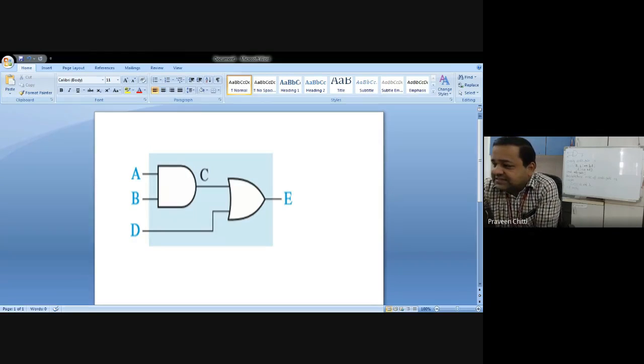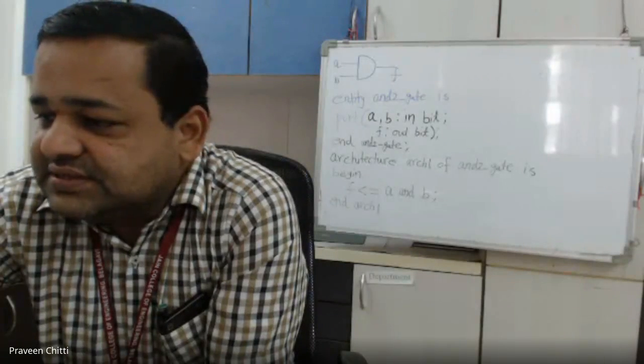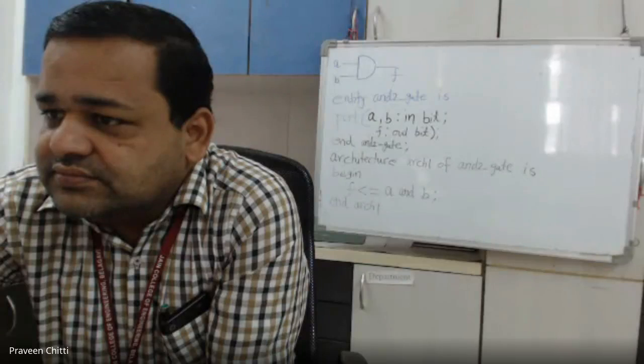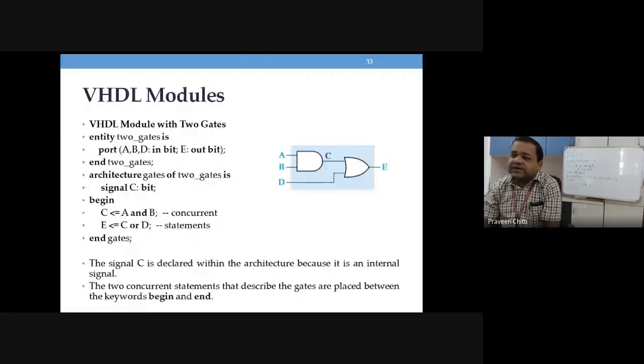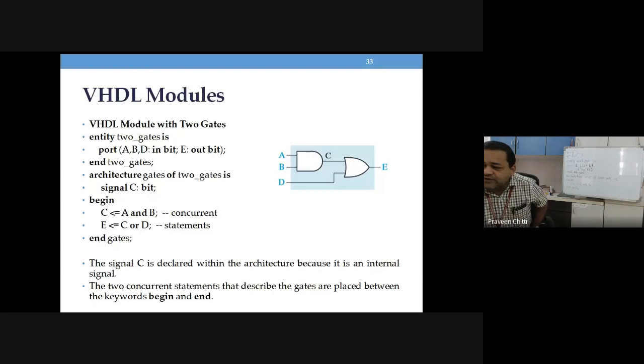Anybody else has written the code for this? If you have not written the code, just go through it. Whatever code Kiran has written, the same code I have shown here. I think it is visible for all. VHDL module with 2 gates.